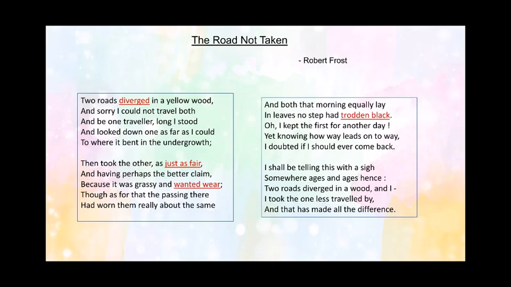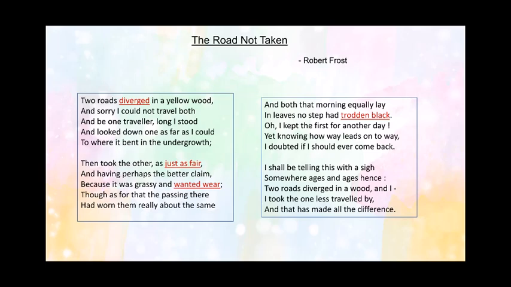In the second stanza, the poet now decides on which road he should walk on. Now he decided that he should take the other road, that is the other path. The poet judged this road to be as equally good as the other one.